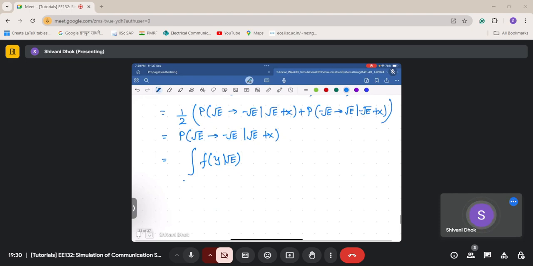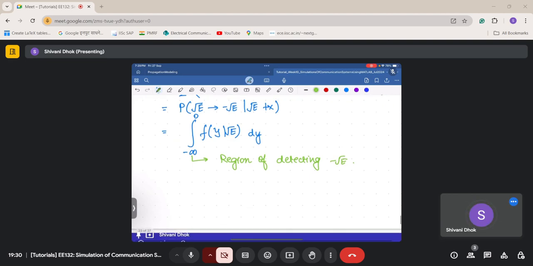So you integrate from minus infinity to 0 dy. This is how you find the probability of error.